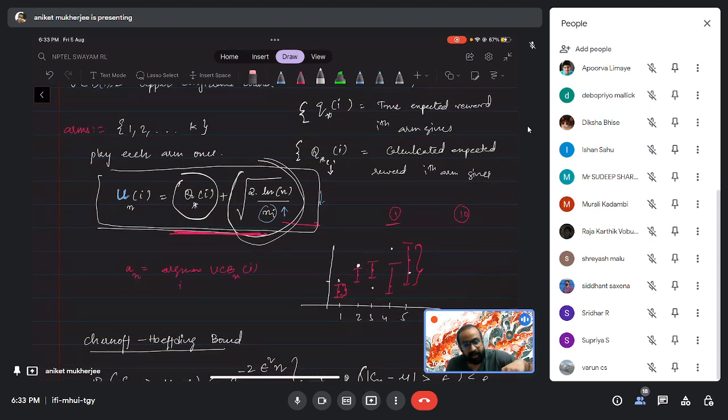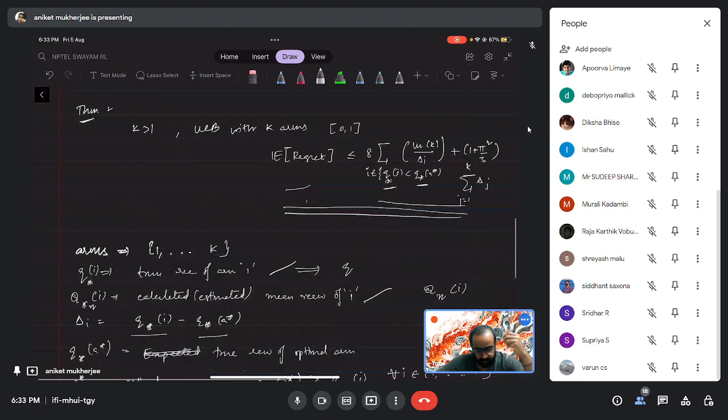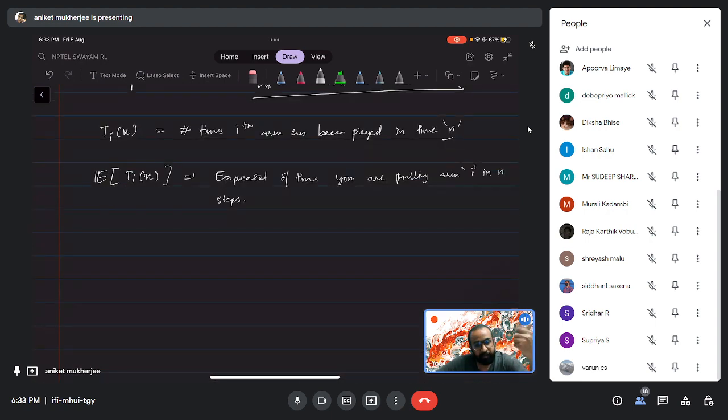You are comparing the u's of each and every arm, and since u itself is random, the arm which is the argmax of u is also random. So you are randomly picking an arm at each time, and the number of times you pick arm i is also random. I hope that is clear.